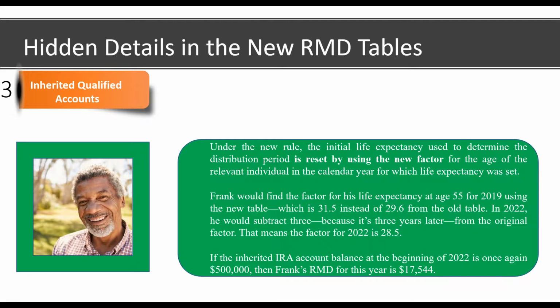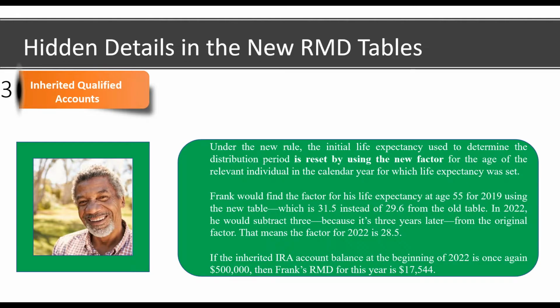So we're going to use 31.5. And then in 2022, since it's 3 years after when he started, we're going to subtract 3 from that 31.5 factor to come up with a life expectancy factor for Frank for 2022 of 28.5.